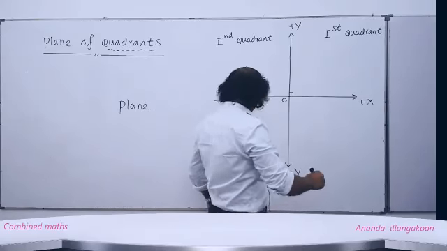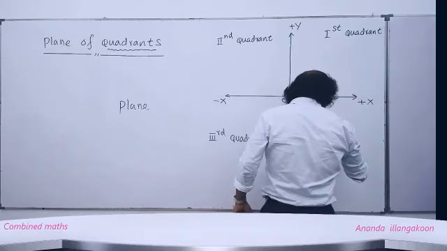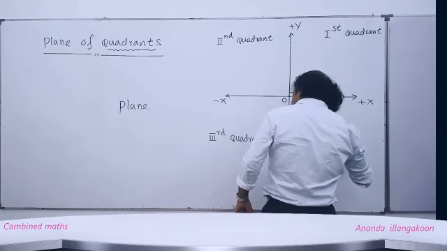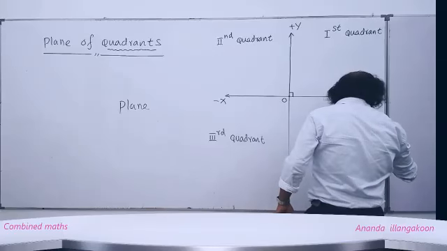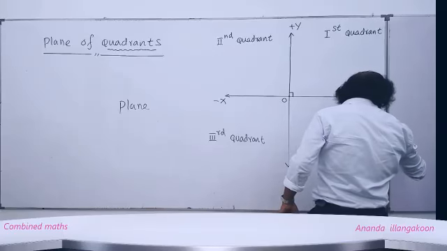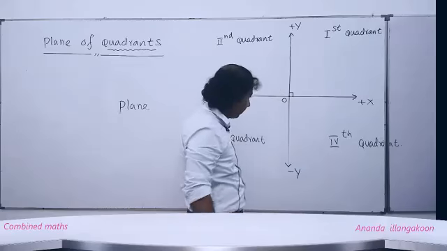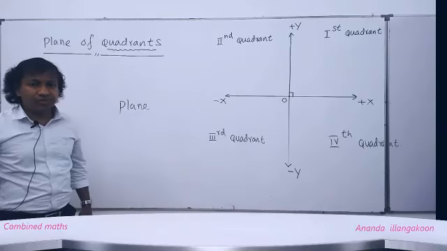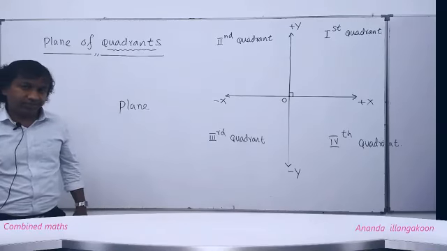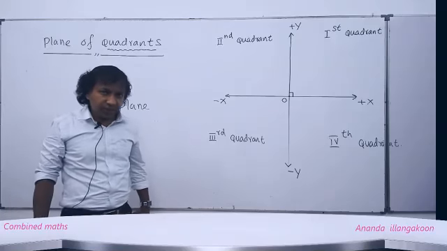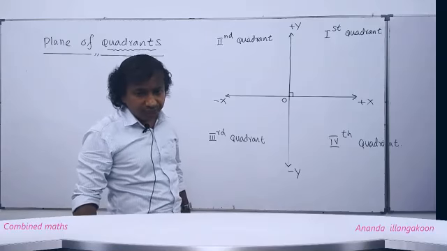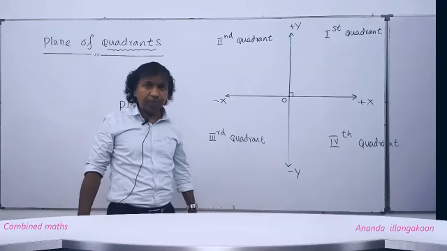This is fourth quadrant. Right? This is how we simply define the quadrants. The regions bounded between x and y axis are defined as the quadrants. Understood, people?